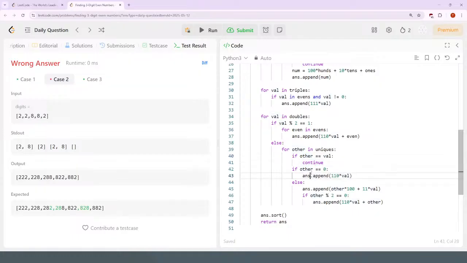If the other value is 0, that doesn't really matter here. Then it has to be 0 is the ending, or 0 is the tens digit.